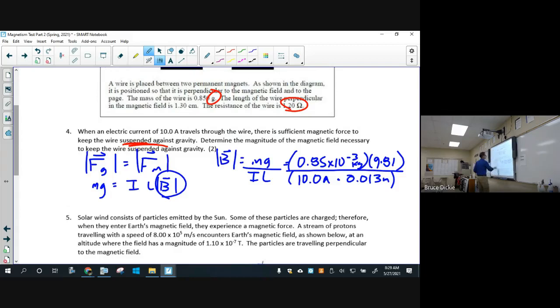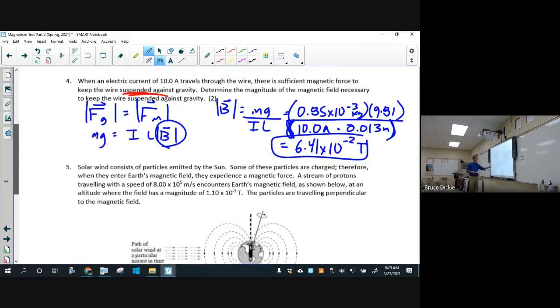That's going to be in meters, not centimeters. So multiply the top, divide it by the bottom, but make sure that bottom is in brackets. And when we do that, we should get 6.41 times 10 to the negative 2 Tesla. And that's a pretty reasonable magnetic field there, 6.41 times 10 to the negative 2 Tesla.